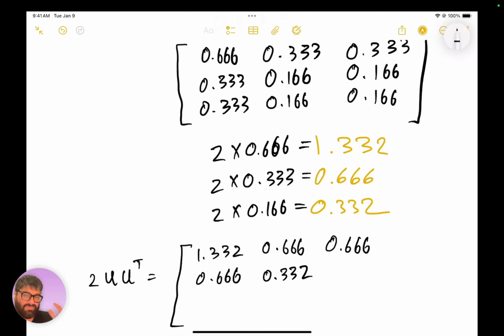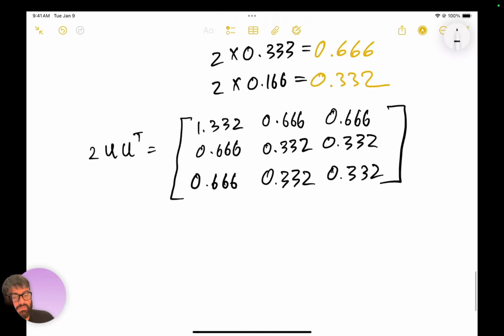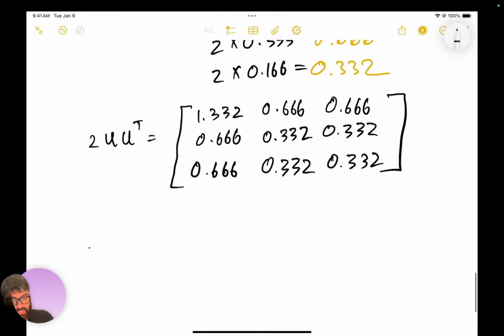It's technically 0.333, but whatever, I'm just going to stick with this. 0.332. I know the third row is just a copy of that, so I'm just going to copy that down. 0.666, right? So that's that.